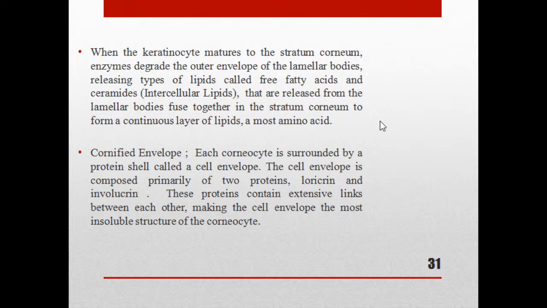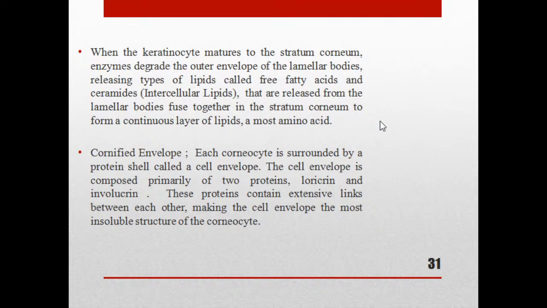Cornified envelope. Each corneocyte is surrounded by a protein shell called a cell envelope. The cell envelope is composed primarily of 2 proteins, loricrin and involucrin.